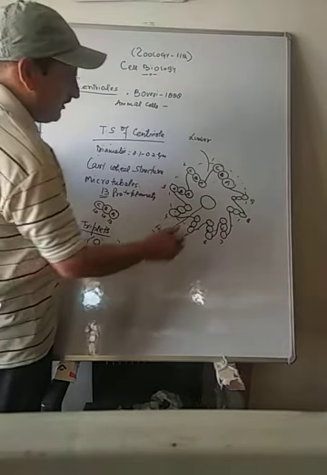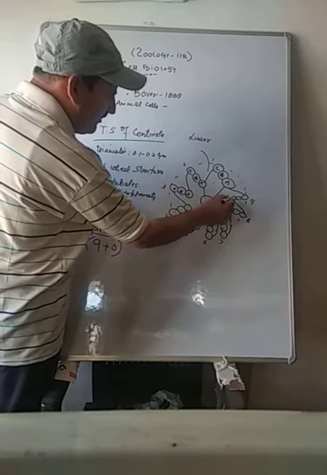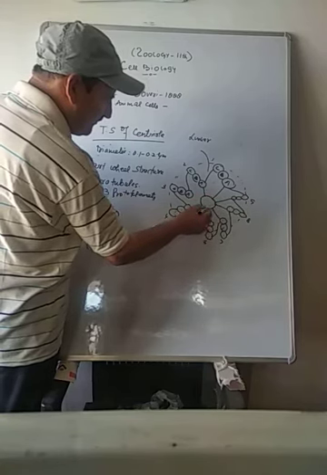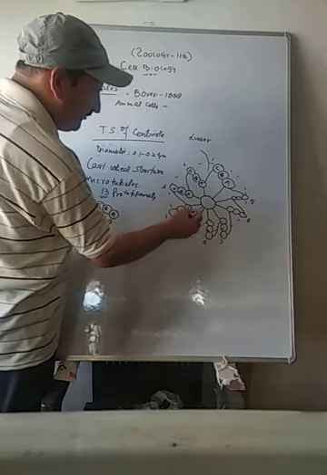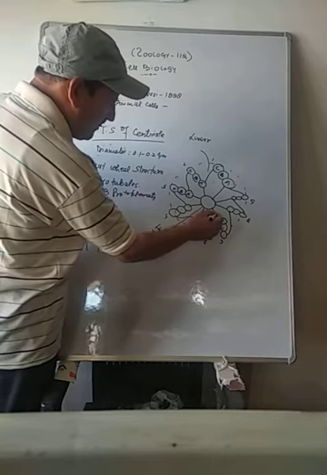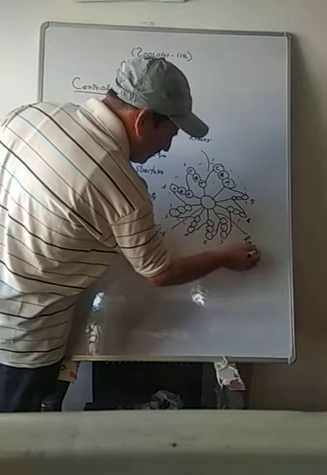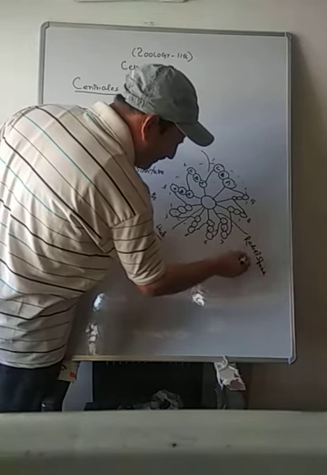Now, A is also connected with the hub, just like this. This is called radial support, just as you have seen in a motorcycle or cycle.